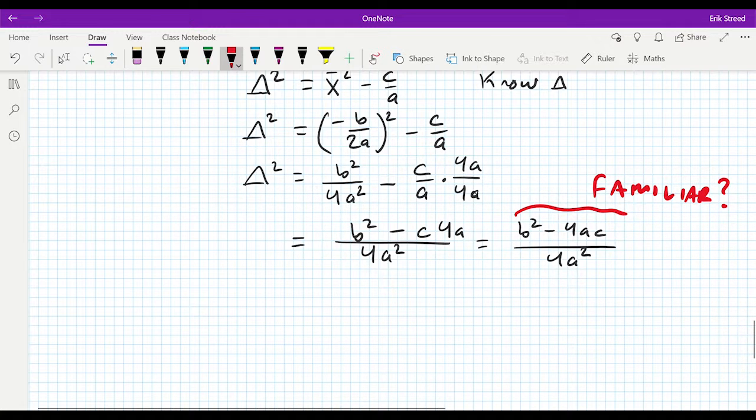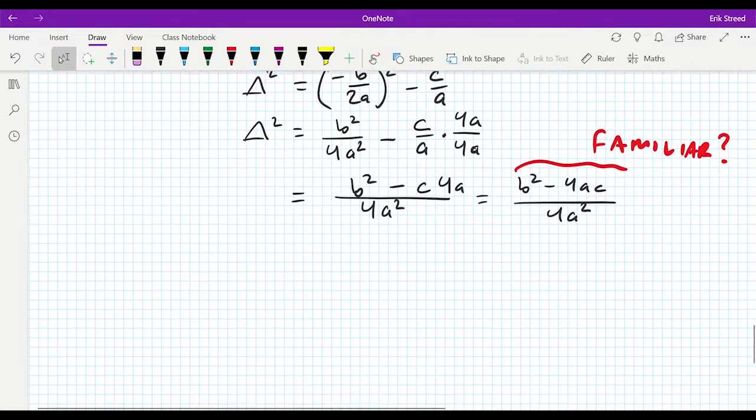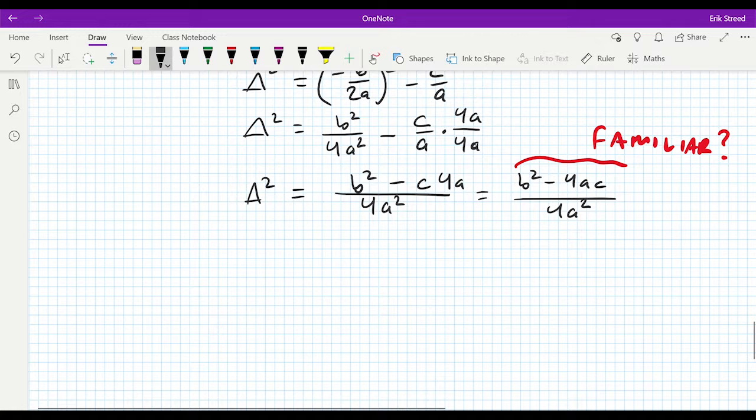Familiar? Not sure I spelled familiar right, but that's all right. Well, no, it's not all right, but this is math class, so we'll let it slide. So let's take the square root of both sides. And now we're going to assume that delta is greater than or equal to 0, or there's going to be problems. Later on, if we talk about imaginary numbers, that'll stop being a problem, but for now it might be a problem.